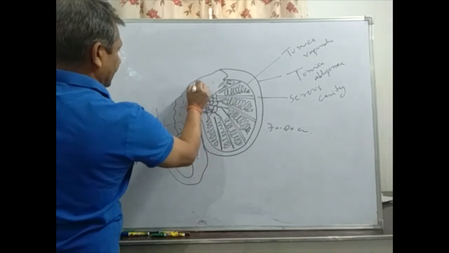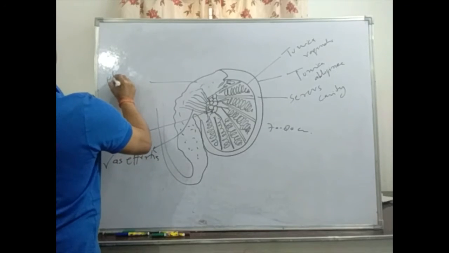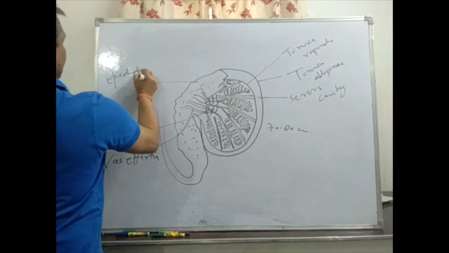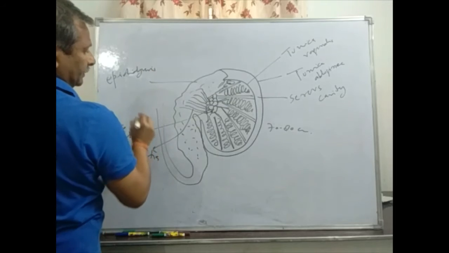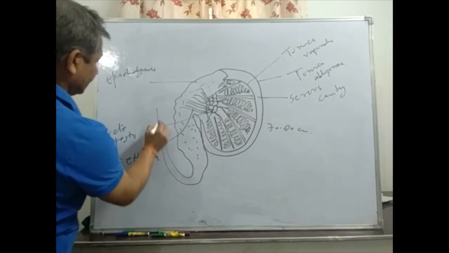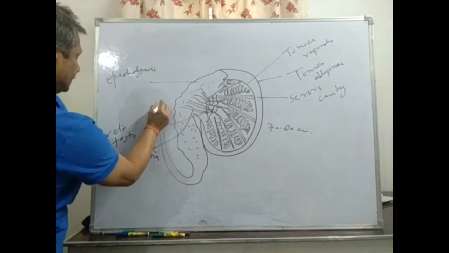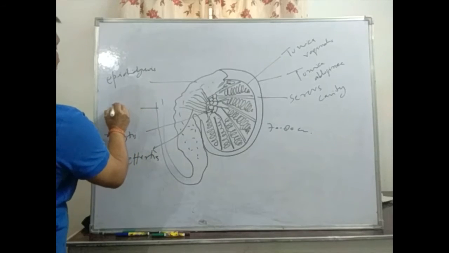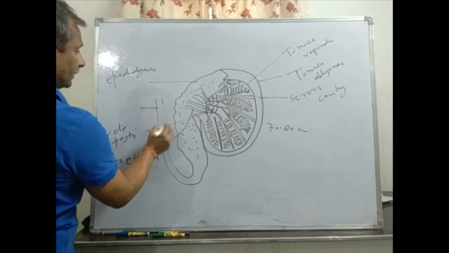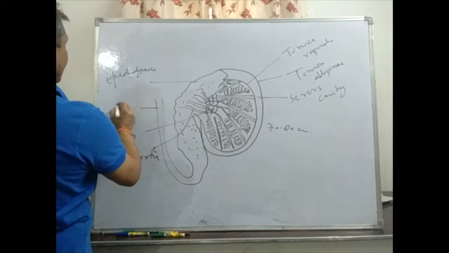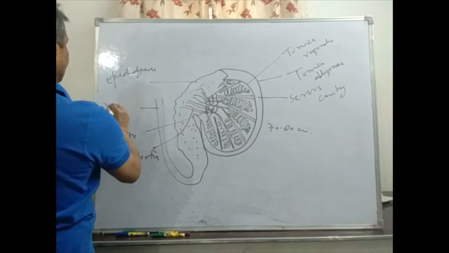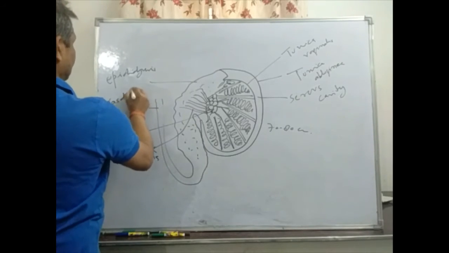This is the epididymis. Okay, and this is the constricted tube which carries sperms from the testis to the abdominal cavity, the vas deferens.